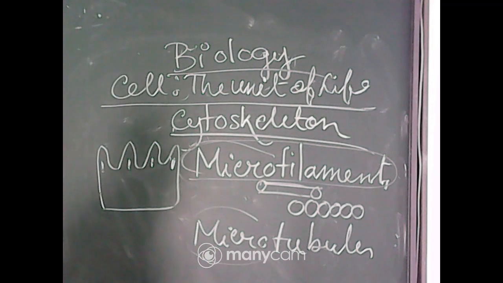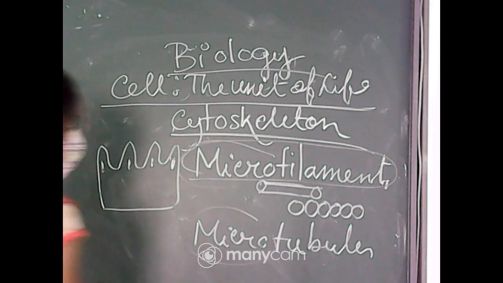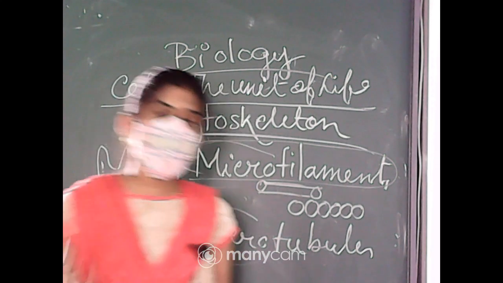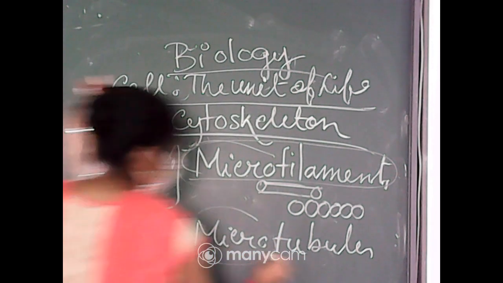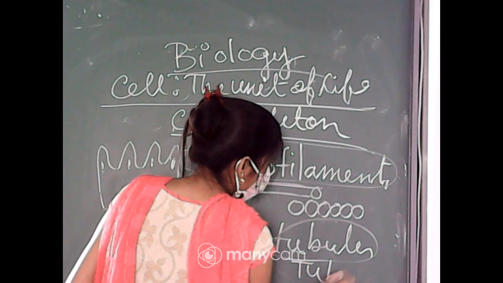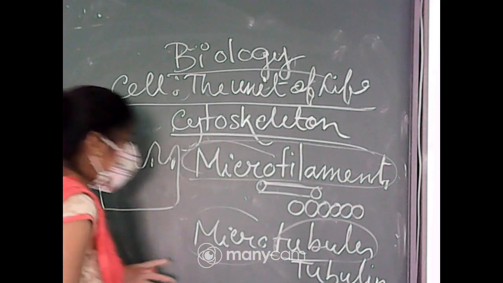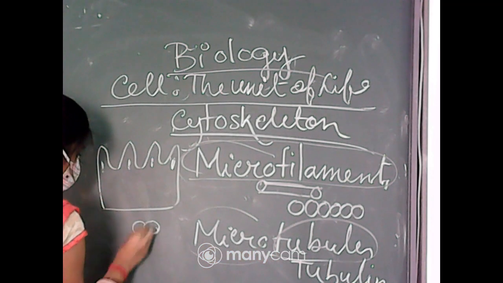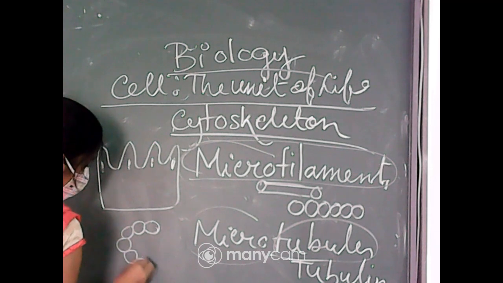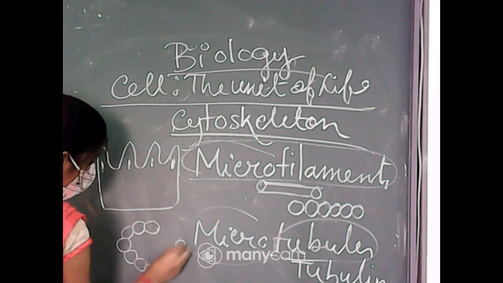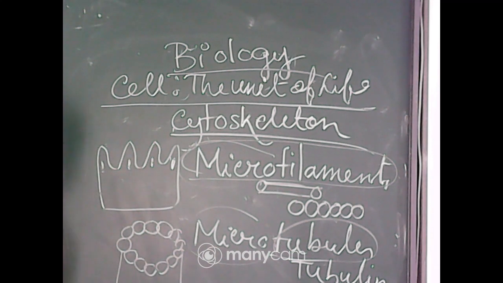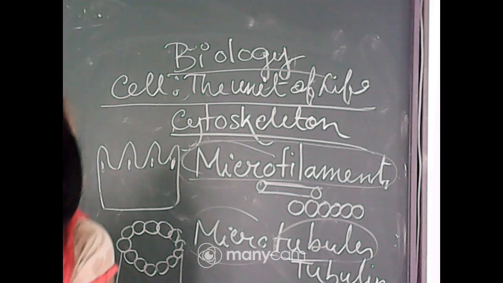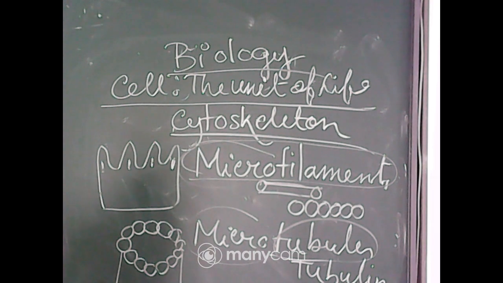Microtubules are cylindrical, hollow, unbranched structures, mainly made up of tubulin protein. As their name suggests, it is made up of tubulin protein, and it is forming a hollow cylindrical type of structure with 13 protofilaments.